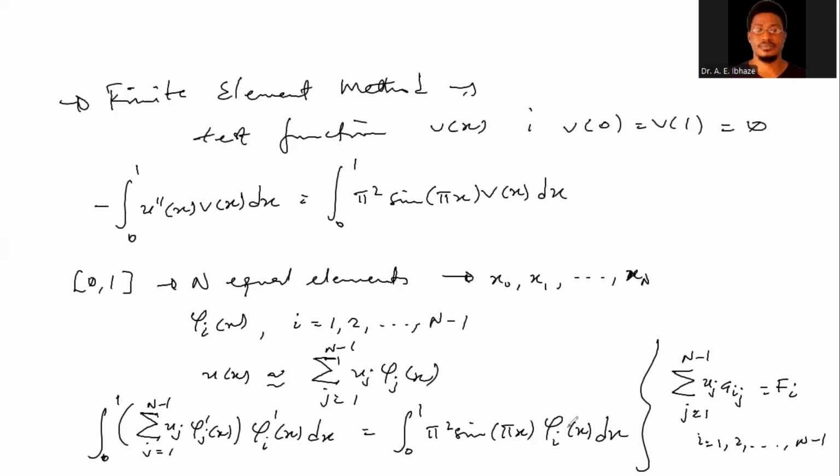Here, we also know that a sub ij is the inner product, integral 0 to 1 of phi prime j of x phi prime i of x dx. And also f sub i is the same as the integral 0 to 1 pi squared sine pi x phi sub i of x dx.